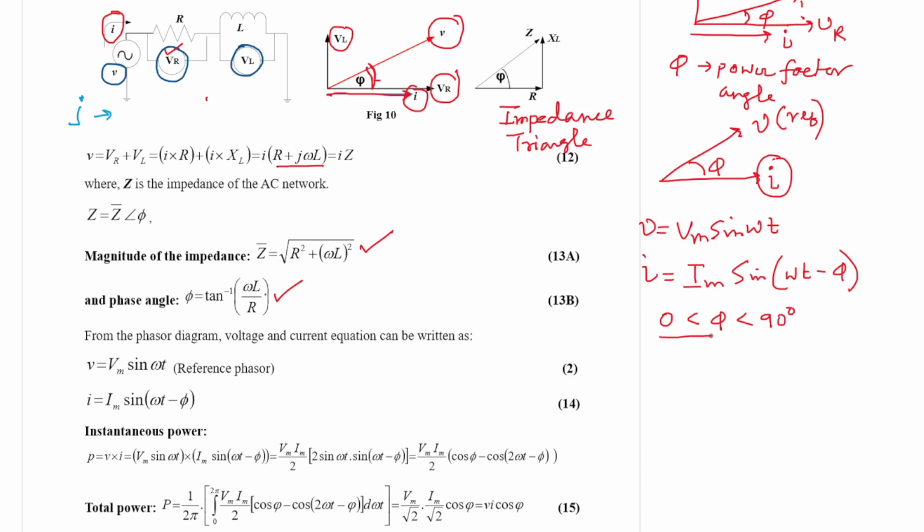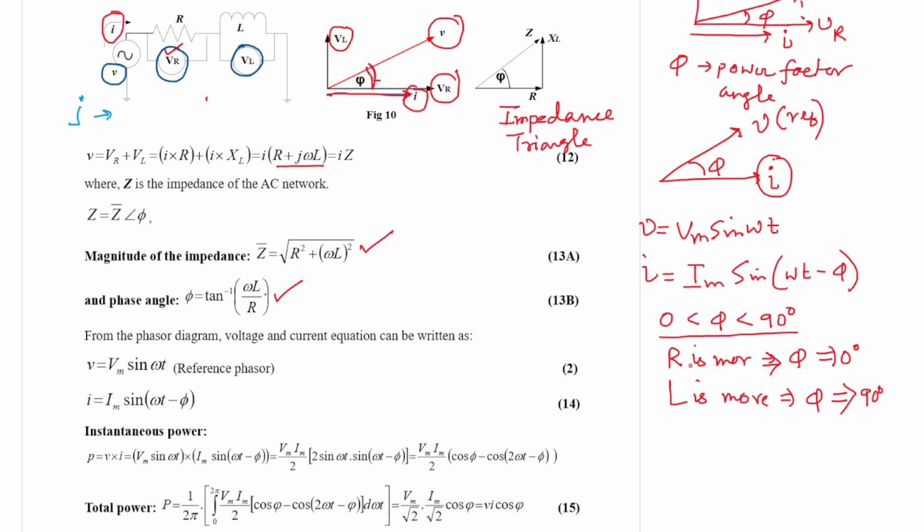It can take any value depending on the value of R and L. If R is more, phi tends to be closer to 0 degrees, and if L is more, then phi is likely to tilt near 90 degrees.